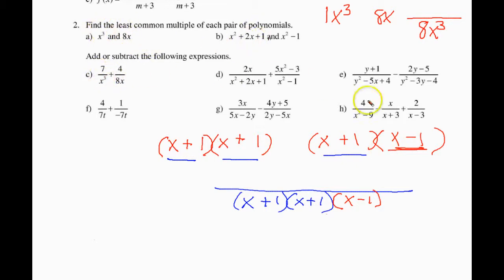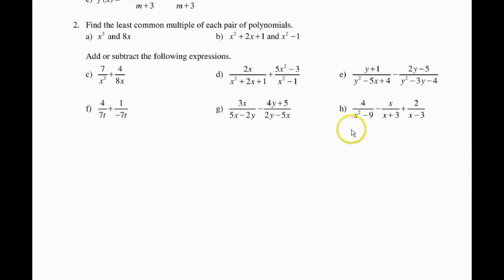Now for these next few, we're going to be adding, adding, subtracting, subtracting, and adding. And we need common denominators. So this will be our next little effort here, and we'll start off easy. We're looking for a strategy here.